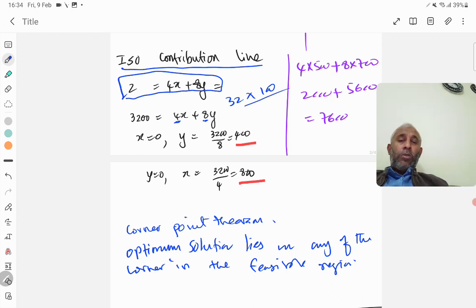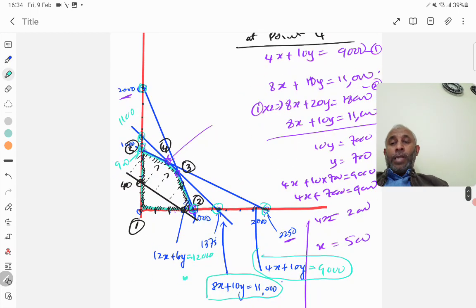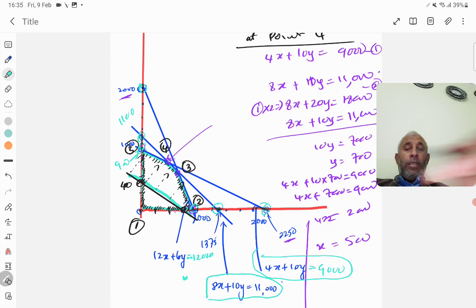So when x is equal to 0, y is 400. When y is equal to 0, x is 800. Now what you do is you draw that line. So that is this line. Then after that you have to move it parallelly up, and according to linear programming rules, in a profit maximizing situation, you will find the answer at the furthest point among those corners.